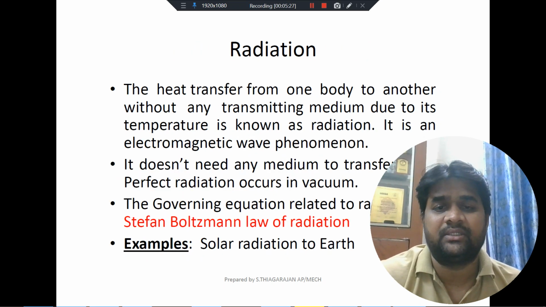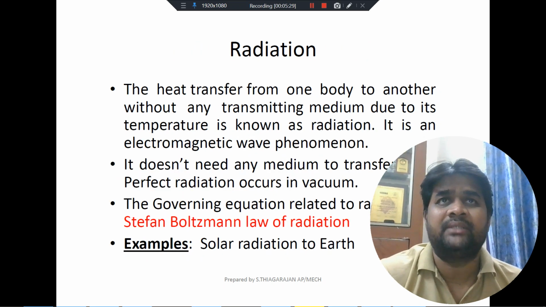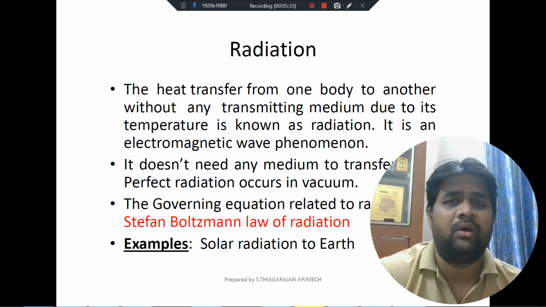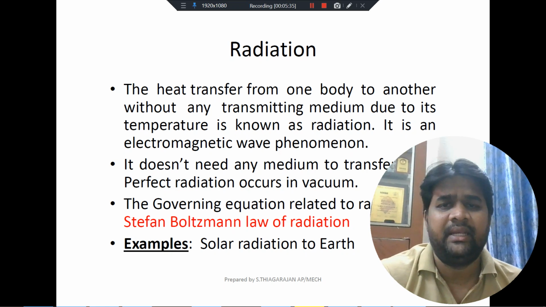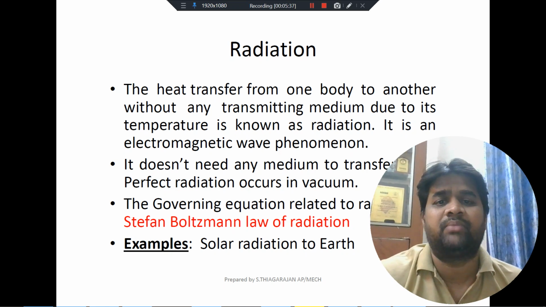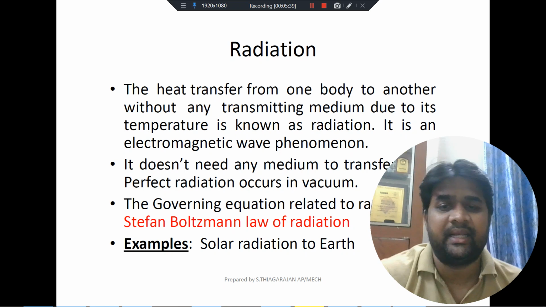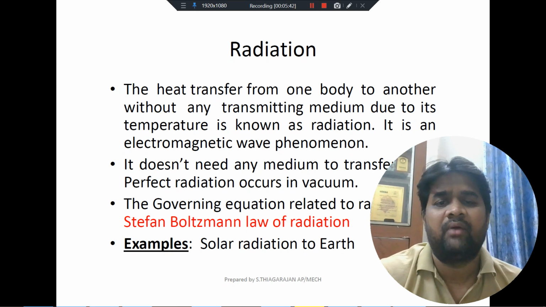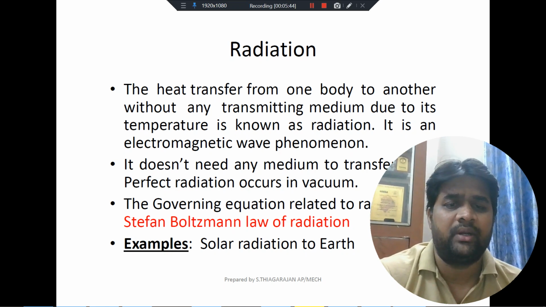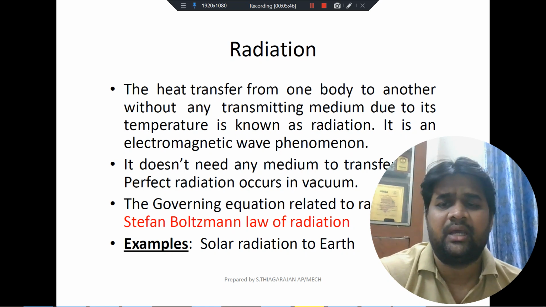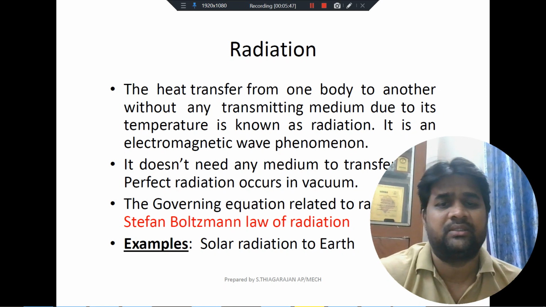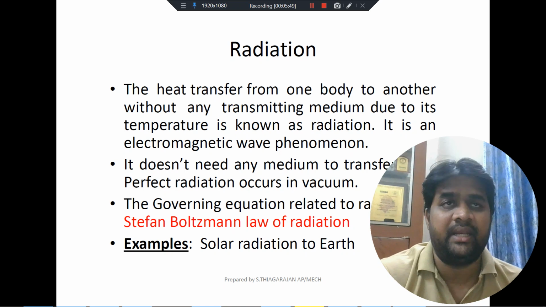Next one, radiation. Radiation is neither simple nor complex, so it is an intermediate process. Heat transfer from one body to another body without the aid of a medium is said to be radiation.